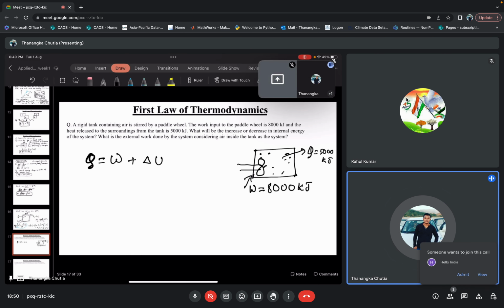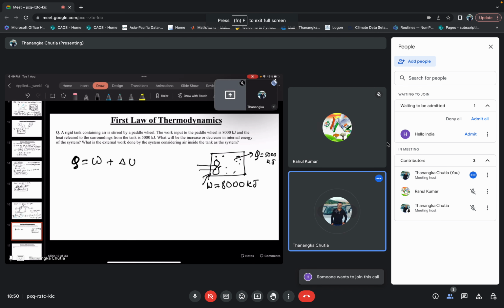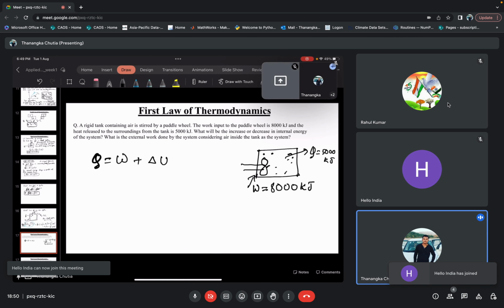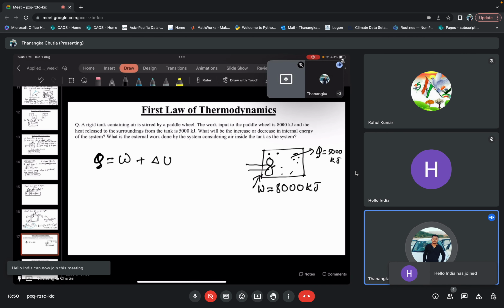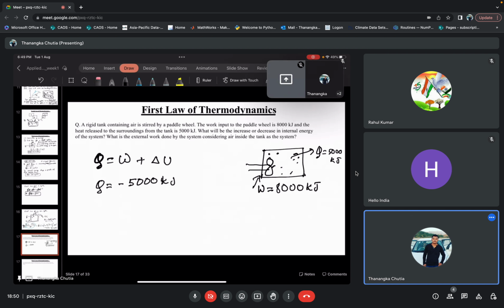Now if we apply the first law of thermodynamics, Q equals W plus delta U. They are directly asking for the change in internal energy. Your Q is given as minus 5000 kilojoule since it is released, and the work done on the system, since the stirrer does work on the system, is minus 8000 kilojoule.